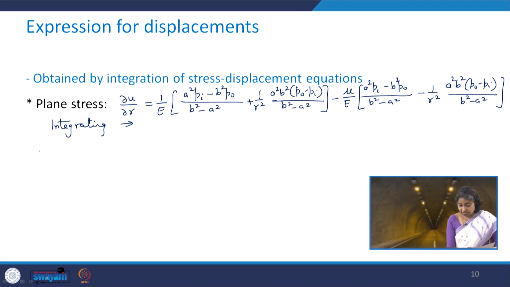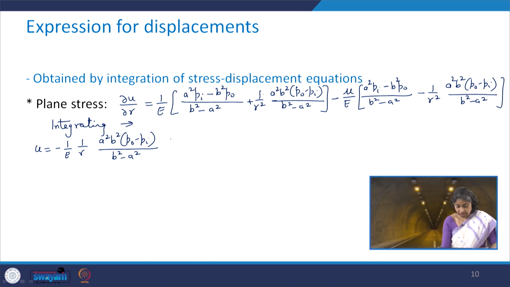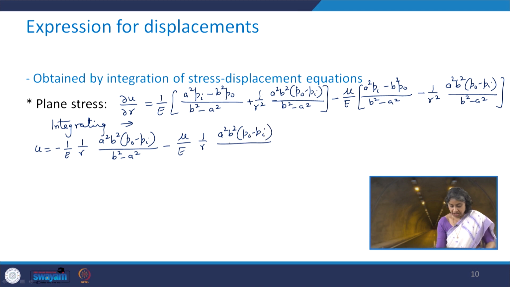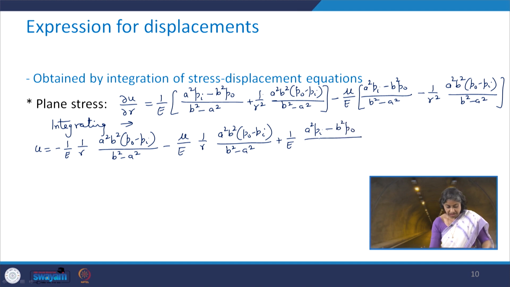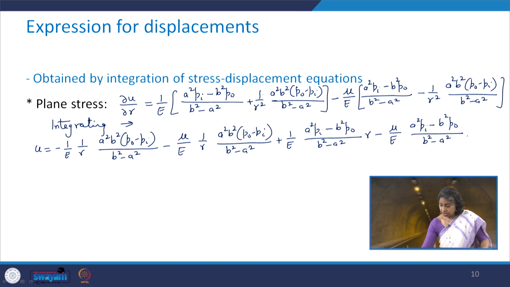Now, if I integrate this, what we will get is that u is equal to minus 1 upon E into 1 upon r a square b square p naught minus p i divided by b square minus a square, minus mu upon E 1 upon r a square b square p naught minus p i divided by b square minus a square, plus 1 upon E a square p i minus b square p naught divided by b square minus a square into r, minus mu upon E a square p i minus b square p naught divided by b square minus a square into r.